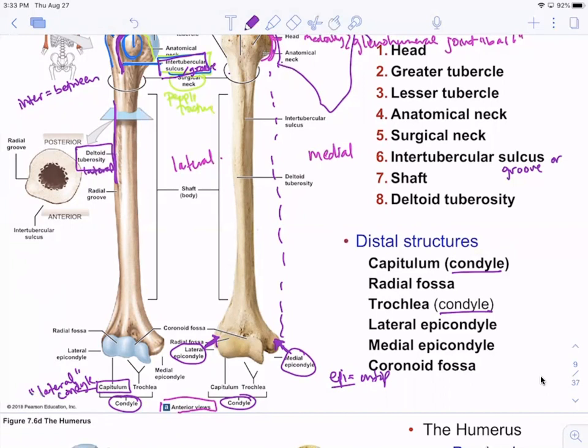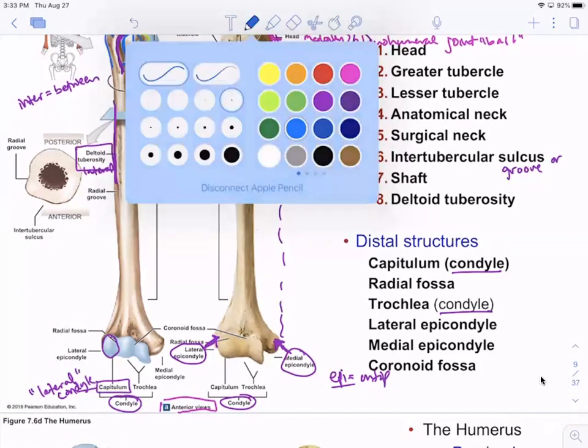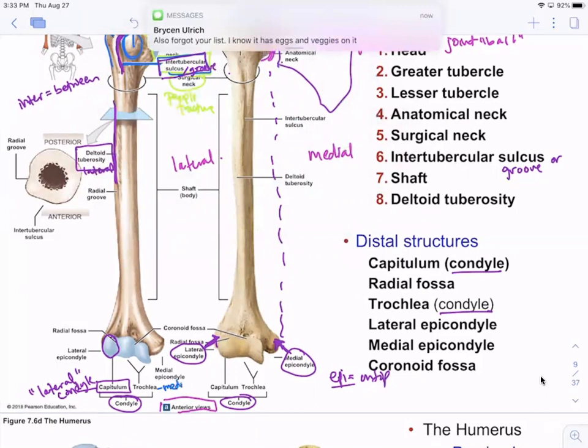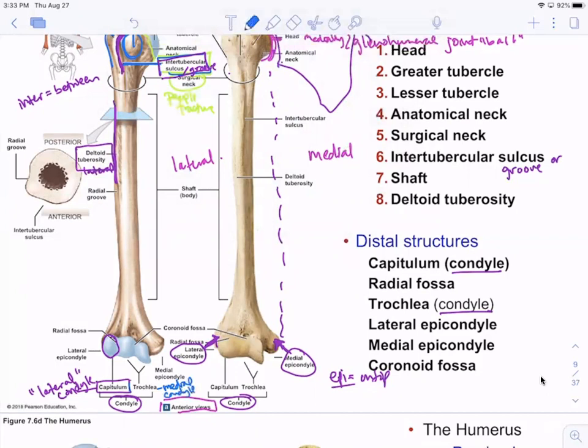And so the lateral condyle is the capitulum, and it is this ball right there. The medial condyle is called the trochlea. And so the trochlea is this more hourglass shape right here. And so the trochlea is also the medial condyle.